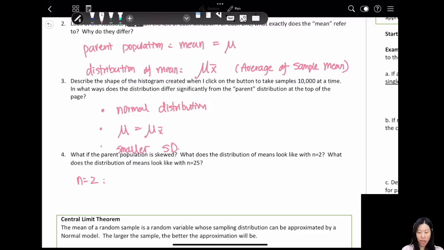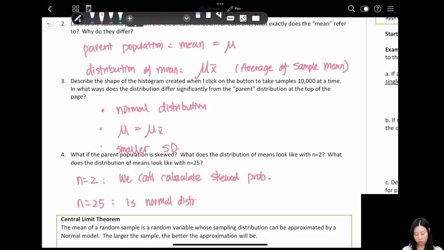And we can calculate the skewed probability. But if we have a larger sample size, it's going to become a normal distribution. In other words, if the parent function is skewed, we need a larger sample size.